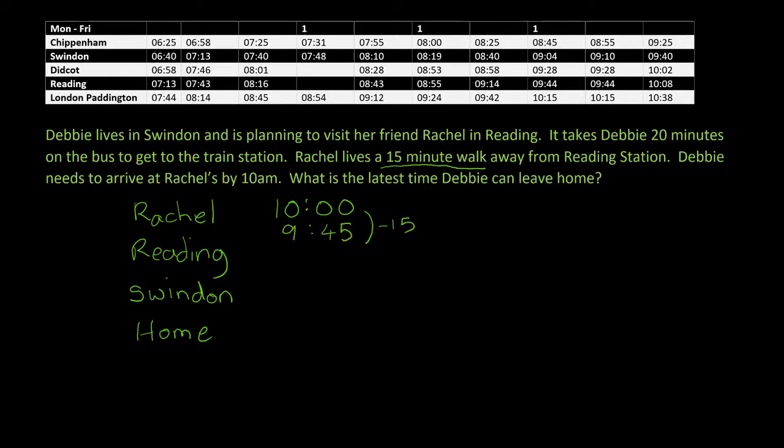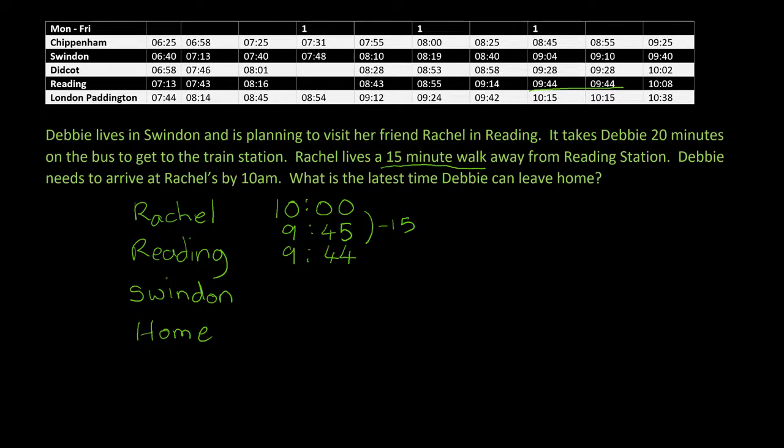So we need a train that goes into Reading by 9:45. Let's have a look along the Reading values, and we can actually see there are two that both turn up at 09:44. So there are two that arrive at the same time.